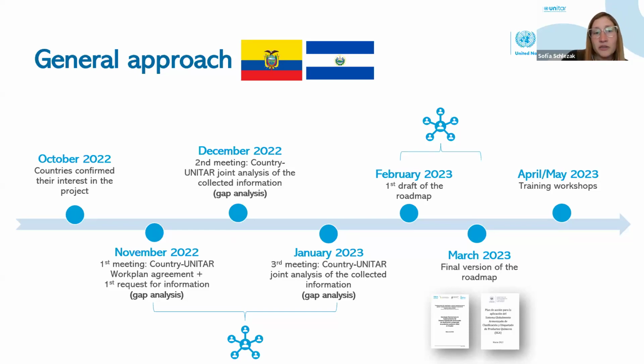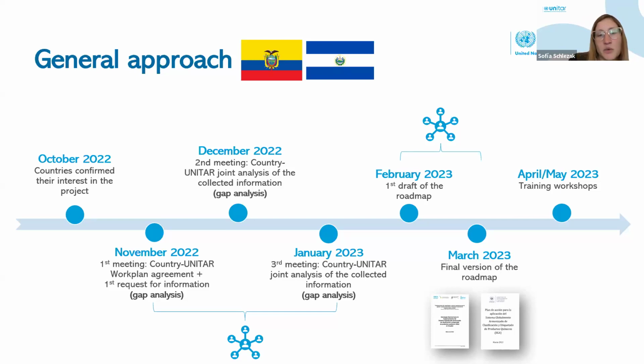And then the countries, during November and January, collected information from different ministries, different departments and stakeholders as well. That's why this little symbol there means local coordination at the local level. We had another meeting in December when we analyzed the collected information. We discovered other gaps.